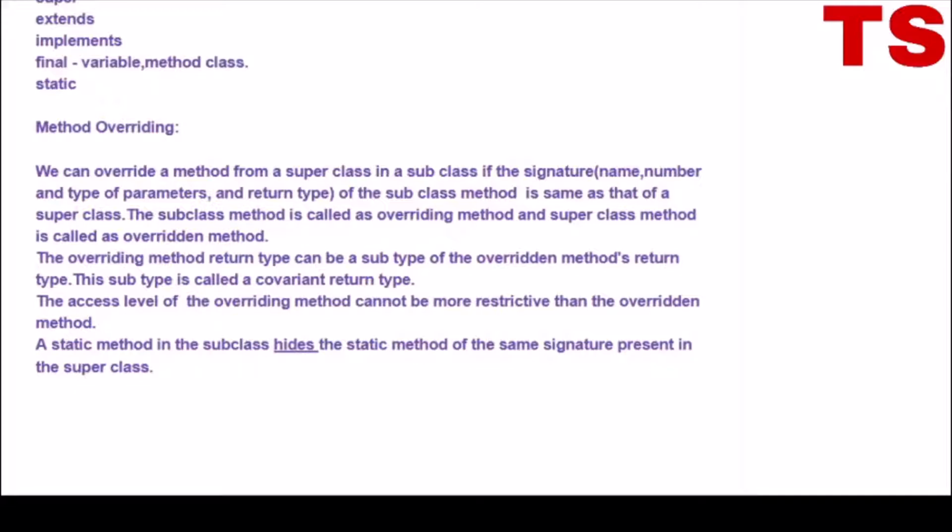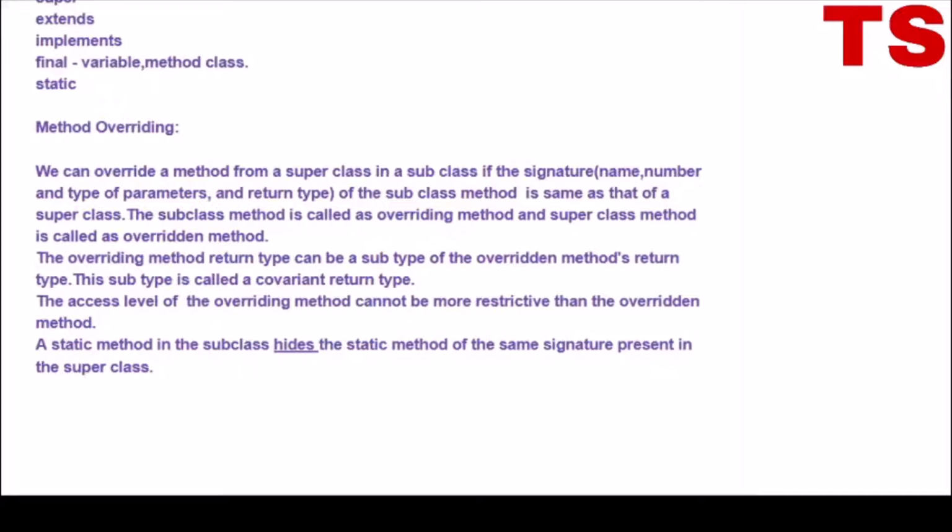The return type of an overriding method can also be a subtype of the overridden method's return type, and this subtype is called a covariant return type. That is, the return type of a subclass method can be a subclass instance or subclass object of the return type of the superclass method.